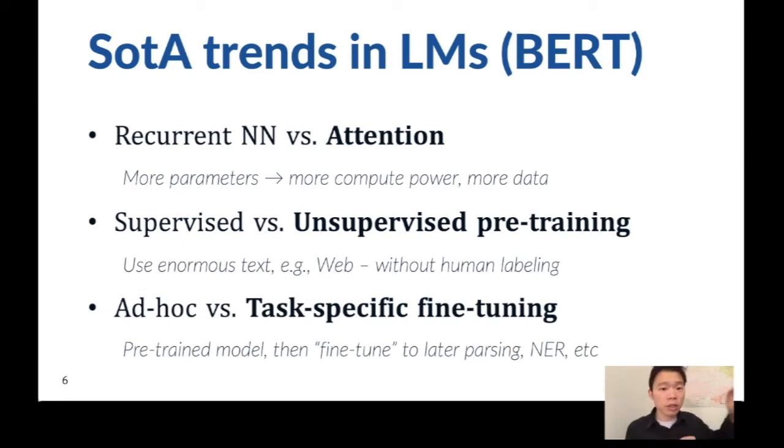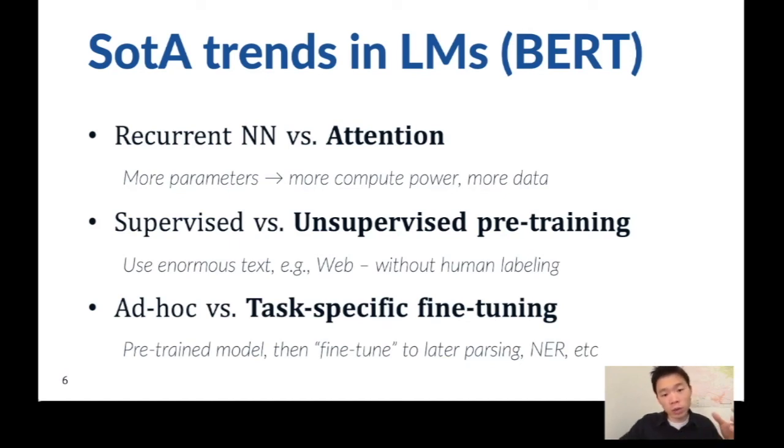Previously, people had built a whole deep learning neural network for a specific task, like named entity recognition, where you're finding particular entities of interest in a text. You did that ad hoc, just for that specific task, and built a whole neural network.